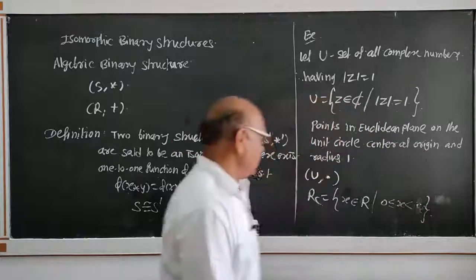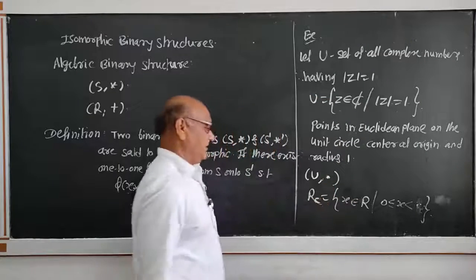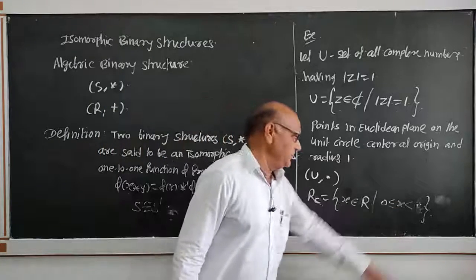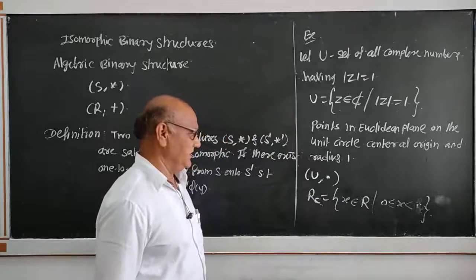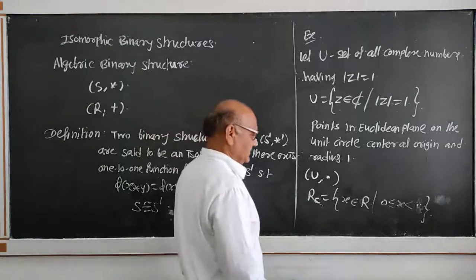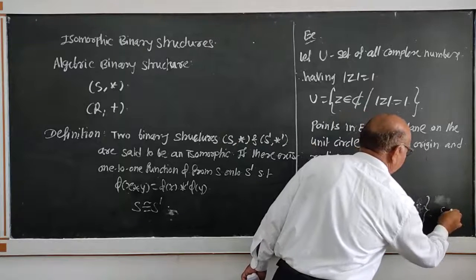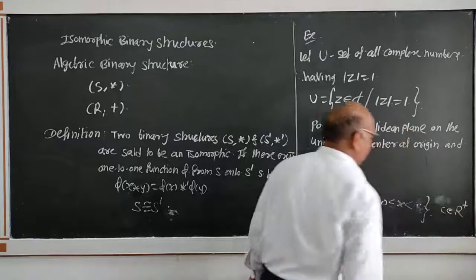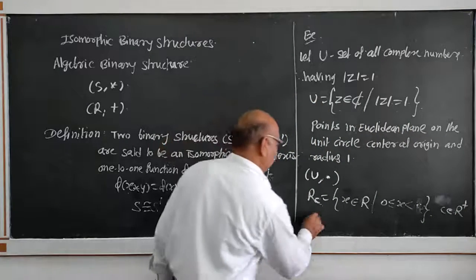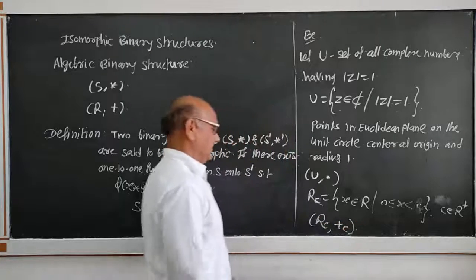That means all elements lie between 0 and c, where c belongs to R plus. And here R_c is with addition modulo c operation.